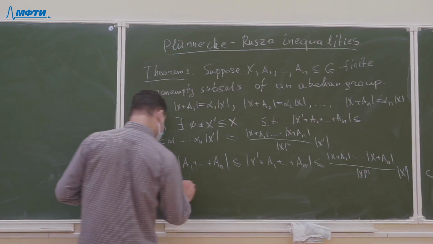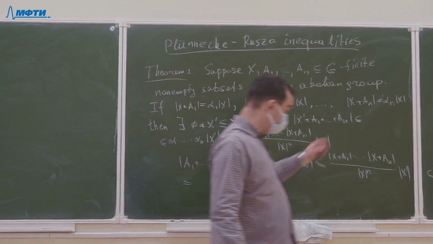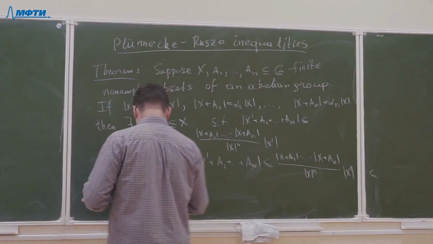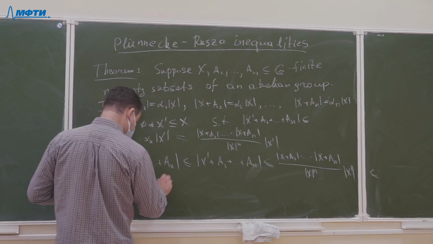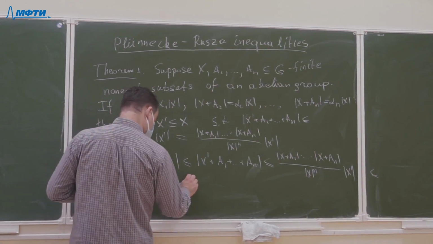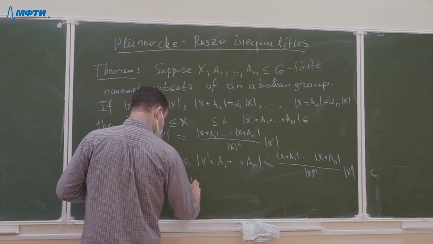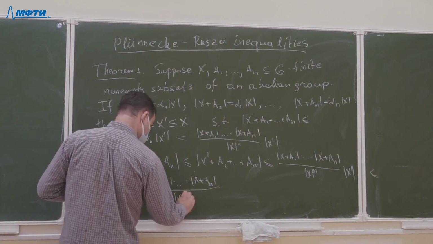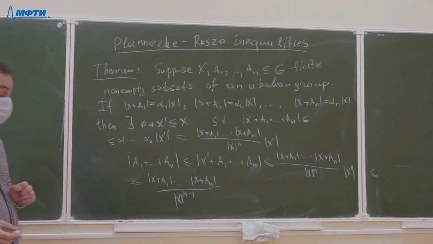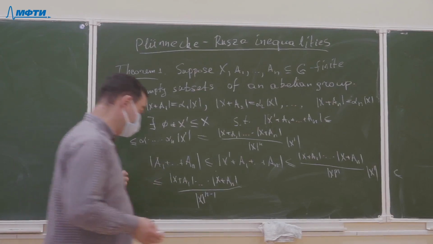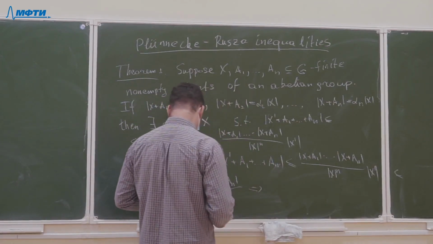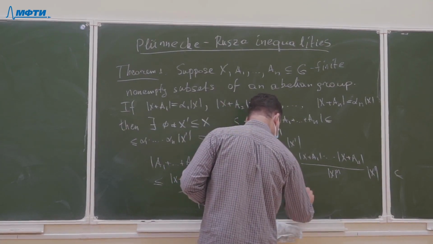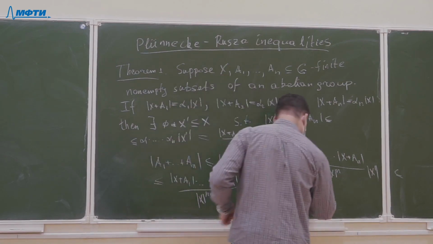It's smaller or equal than, since X prime is a subset of X, the size of X prime is at most the size of X. So this worsened version of the inequality is the most frequently used version.